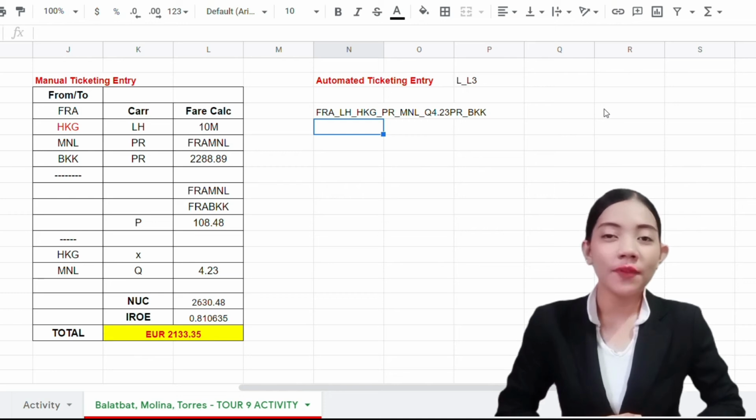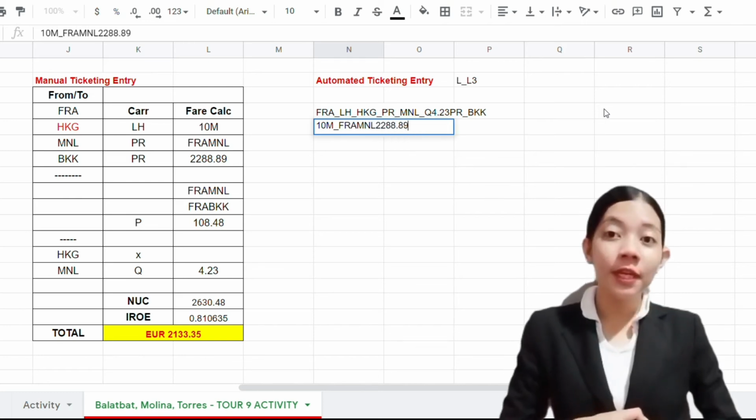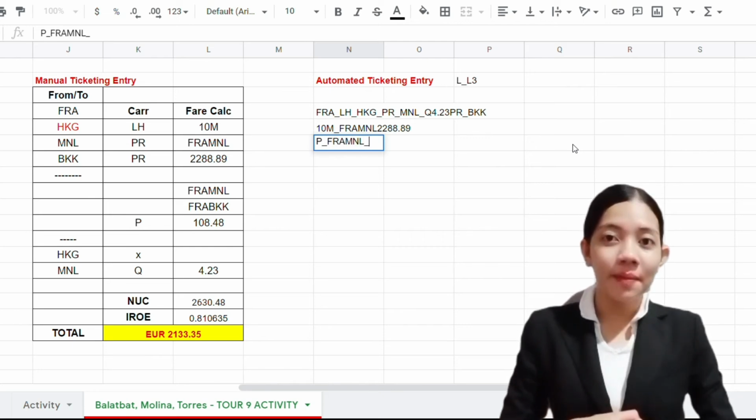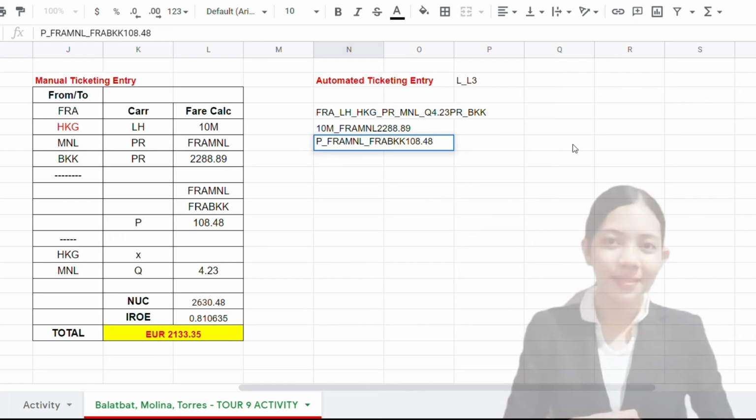We now jump to the fare calculation, beginning with 10M, space FRA MNL 2288.89, then the fee that stands for price difference, space FRA MNL, space FRA BKK, and the price difference value of 108.48 without space.